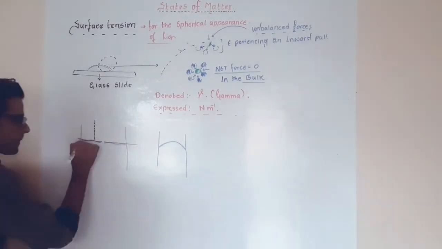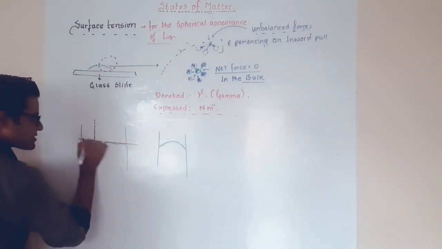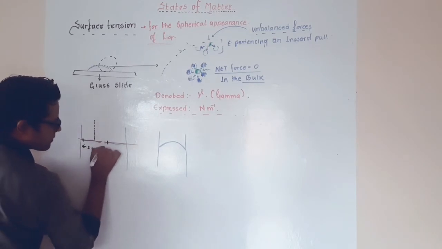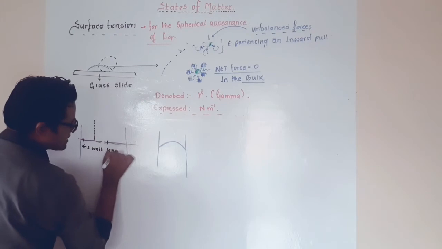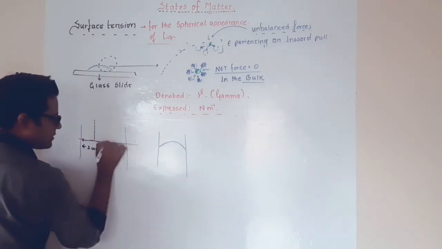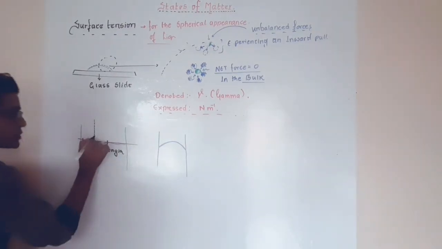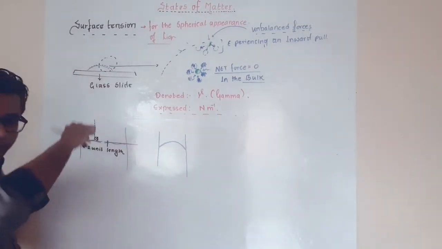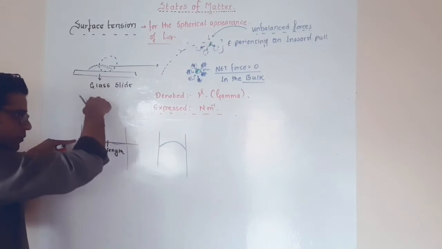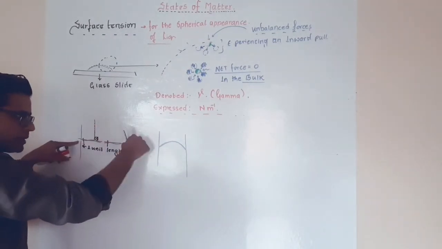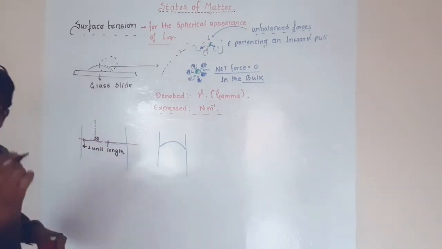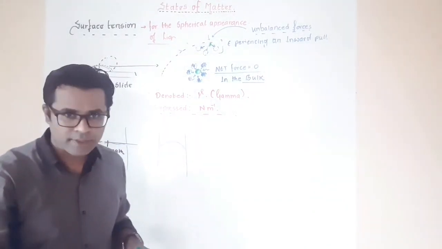Let's say this represents 1 unit length, from here to here. So the force which is acting perpendicular to the line drawn to the surface of that liquid is called surface tension.